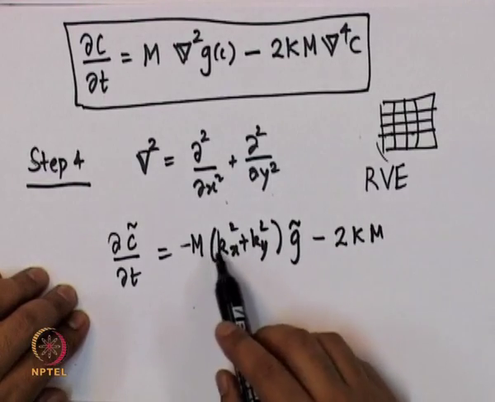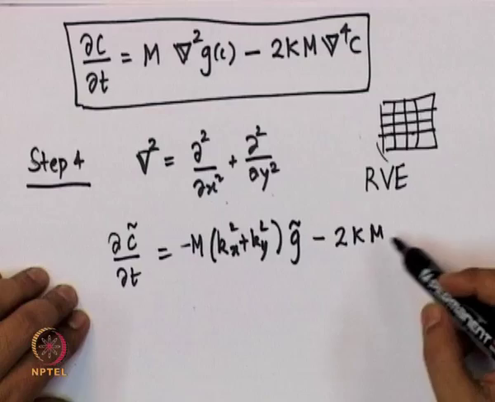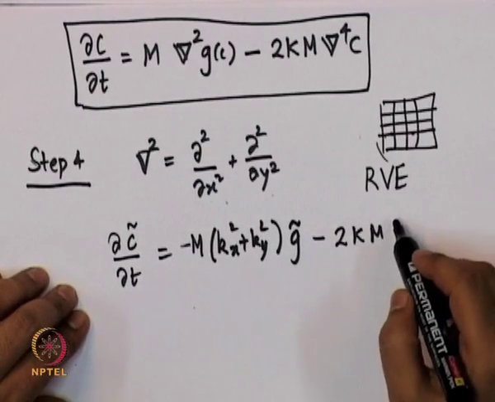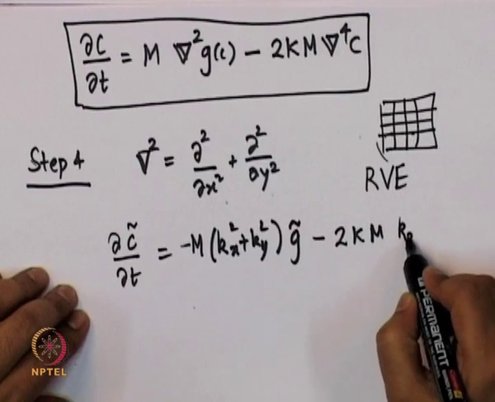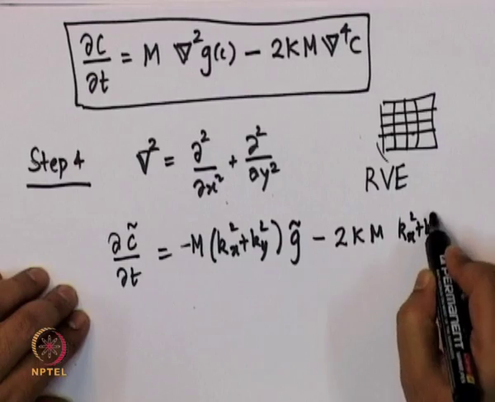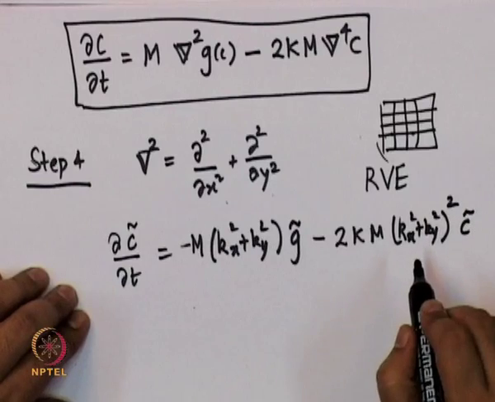So, minus k squared and another minus k squared. This is going to give k to the power 4, that is basically (kx squared plus ky squared) whole squared acting on C̃.